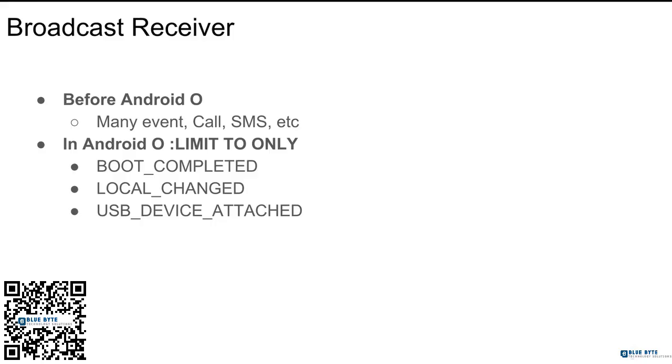If your application targets Android O, now you are limited. You are not able to access calls. You are not able to access SMS. You are not able to access many things. Only three things you could access in Android O. Boot completed, which means whenever your phone starts up, you could define a background service that listens to startup to make your job scheduled or your alarm work, and you will see it later on when we see how we make the application work with the system.